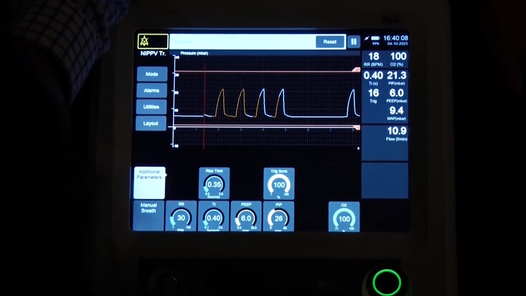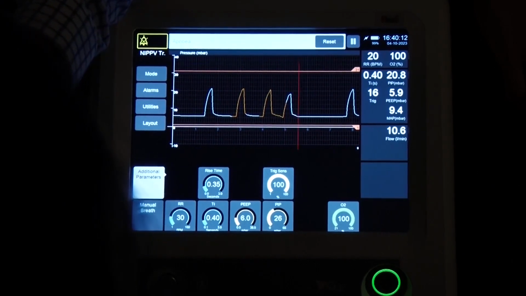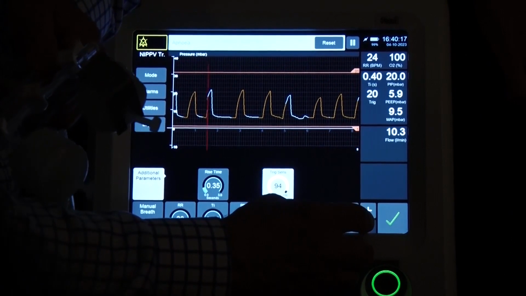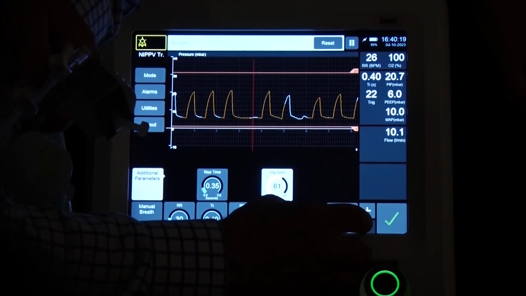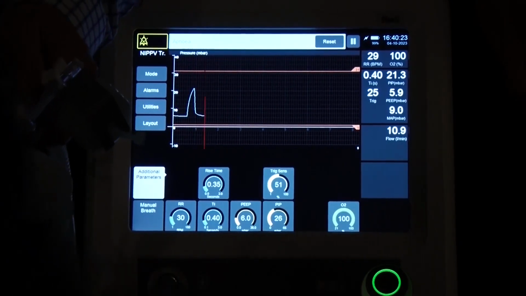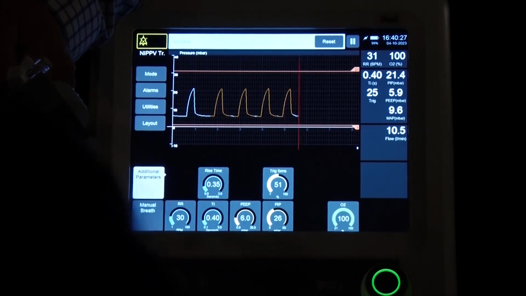Clearly we're apneic, so you might want to turn the trigger down in this case. But I think every time I've used it, I've left them at a high trigger.